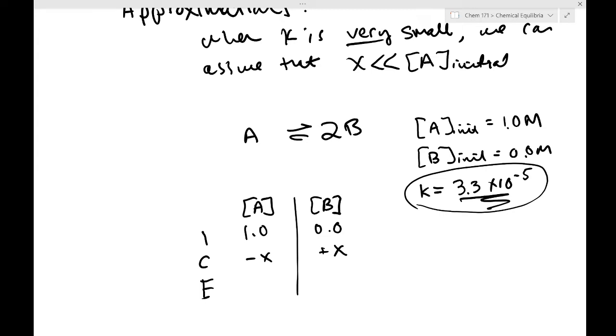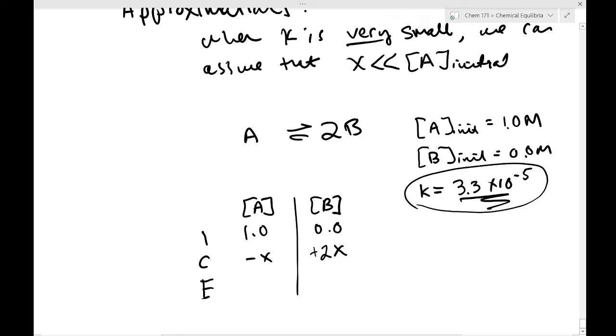In this case, since it's very small, the concentration of reactant is very large, so it's dividing by something large, and the concentration of the product is quite small. That's why we can say that x must be much less than A initial when the equilibrium constant is small.